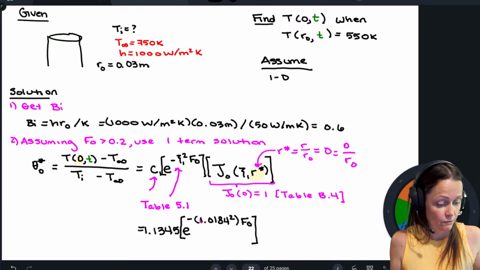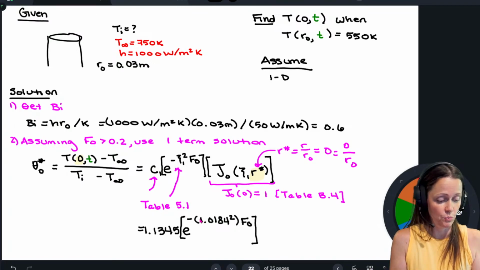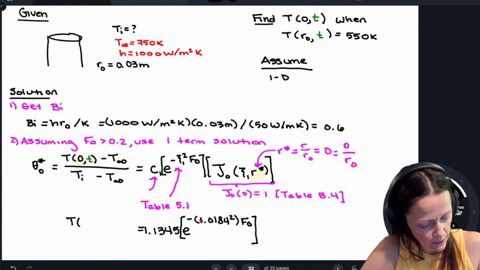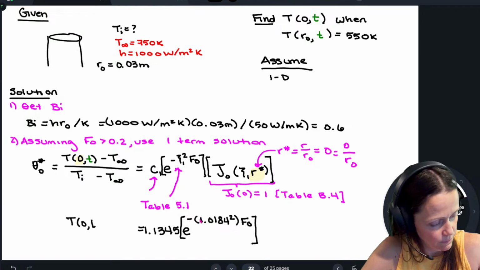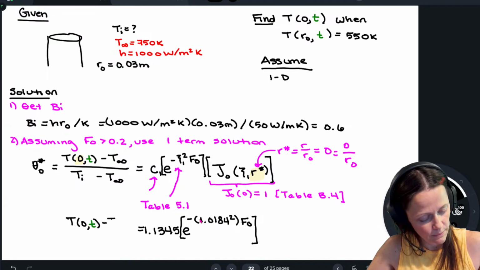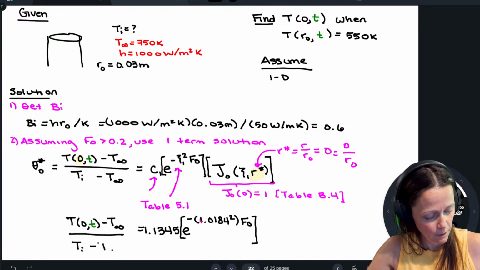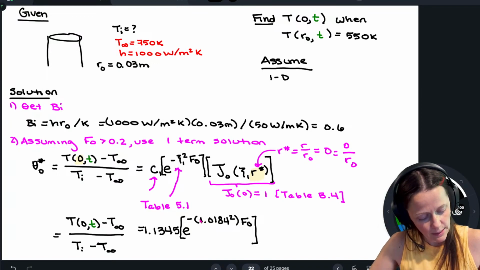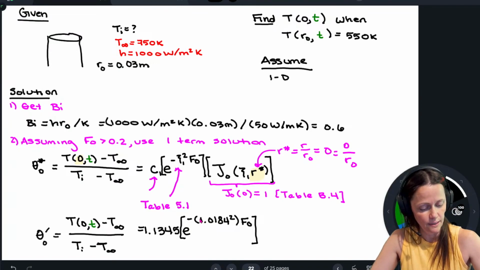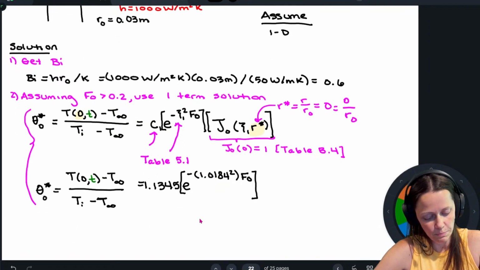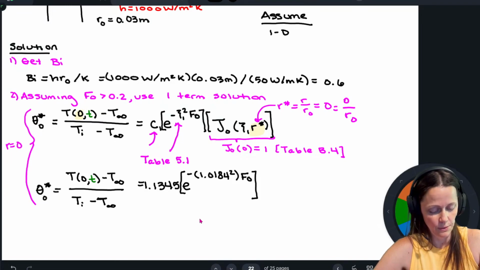Times 1, right? Because that Bessel function, we input 0, we're going to get a 1. And all of this is equal to T at, right, the same thing. I'm just kind of bringing things down. And this is equal to theta naught star. So again, this is all being defined at r equals 0.